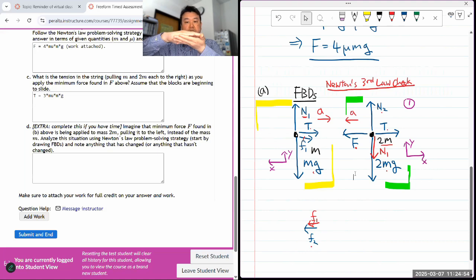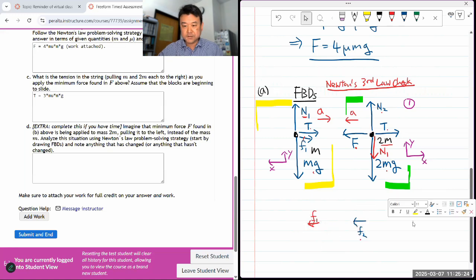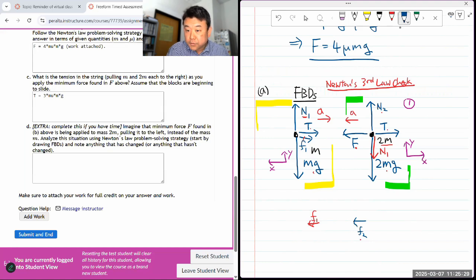Block 2M slides to the left. As it slides to the left, the friction force should be to the right. So this F2, because the direction will change, I need to have F2 pointed to the right.